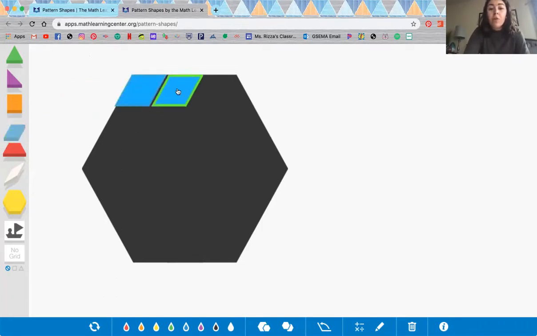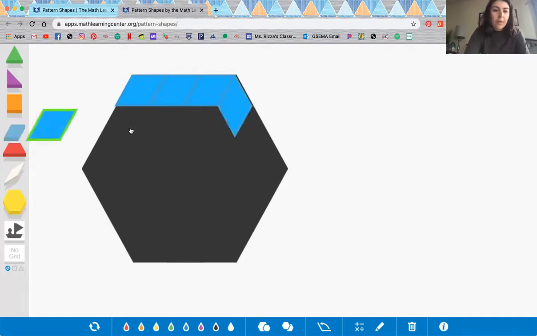And remember, I want to make sure that there's no space, because if I put space in between, even if it let me do that, then it's not going to be an accurate portrayal of our area. We need to cover the whole thing. Now, this rhombus is a little trickier than the triangle because I'm going to have to do some turning to make sure that these fit the way I want them to. Oopsies.